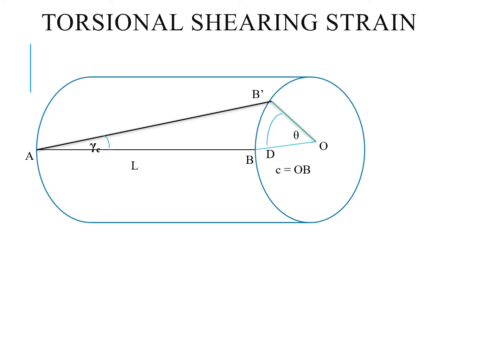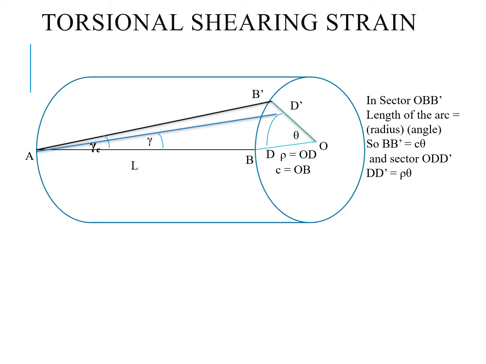Arbitrarily we observe a point D between O and B, and rho is the distance OD. This point also moves to D dash when we apply the torque, and when we connect D dash with A, it makes an angle gamma. Now you can observe that OBB dash is a sector, and in the sector we have the formula L equals R theta, where L is the length of the arc.